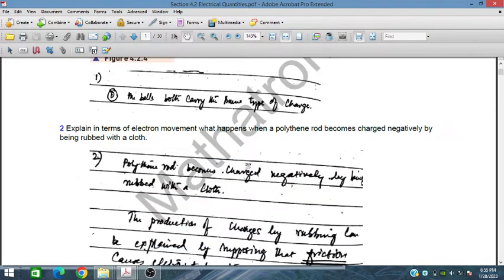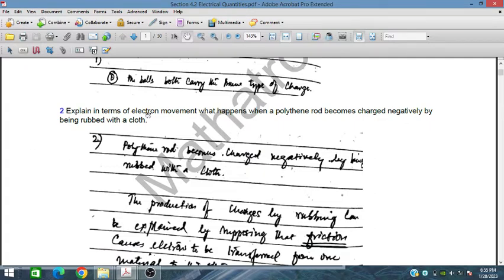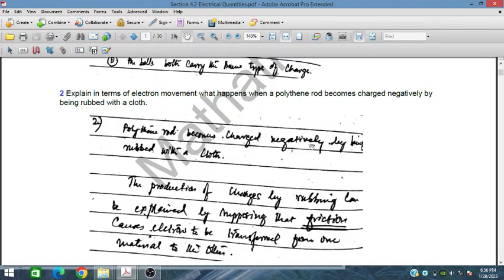In question number 2, explain in terms of electron movement what happens when a polythene rod becomes charged negatively. A polythene rod becomes charged negatively by being rubbed with a cloth.